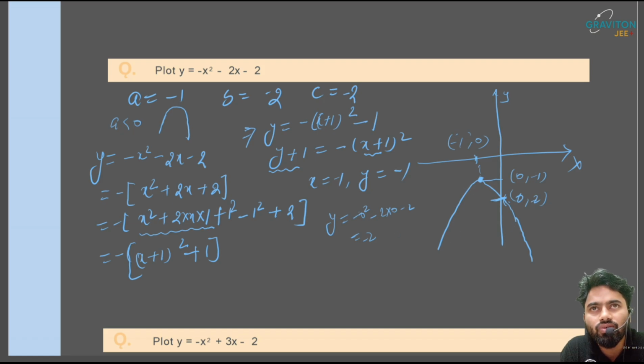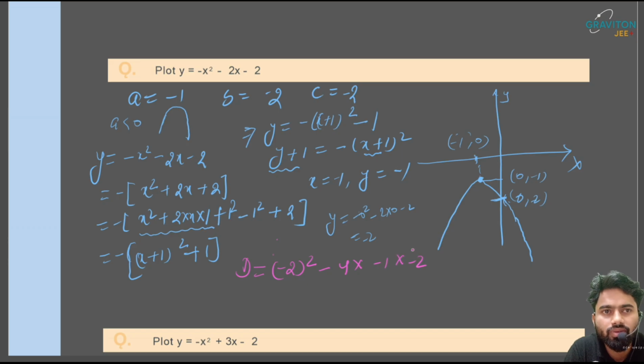And if you want to know whether it has a real root or not, then look here and calculate D. Obviously D should be negative, because we discussed that if D is negative then it has no real root. So calculate D. D should come negative. So b square minus 4 into a into c, that is minus 2.